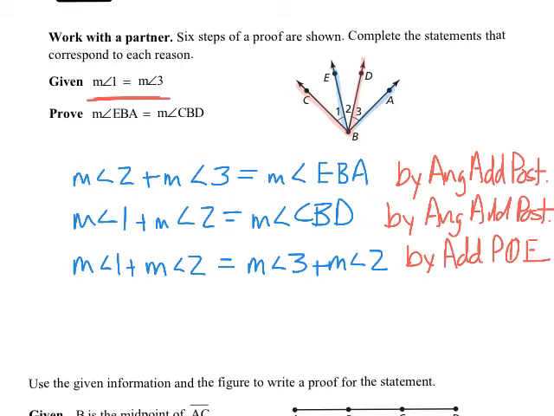You could use it either way, with the top and bottom or the bottom two. I'll just use this since I see measure of angle 1 and angle 2 right next to each other. So now I can say that the measure of angle CBD is equal to the measure of angle 3 plus measure of angle 2.